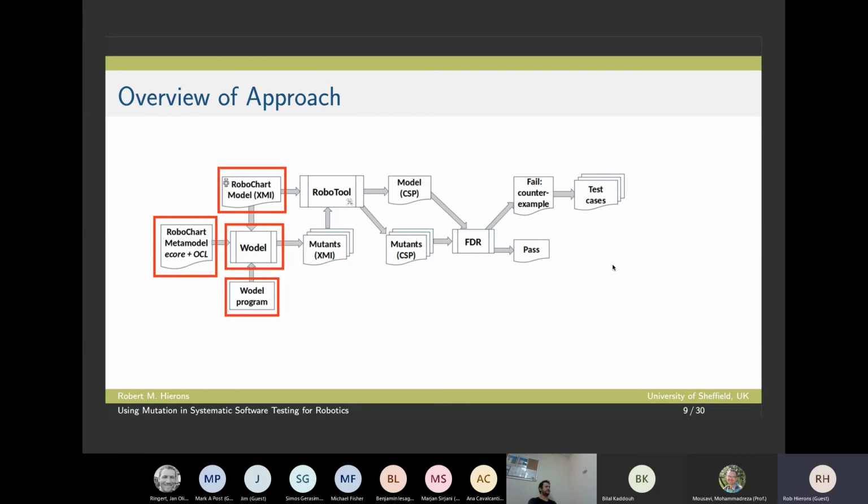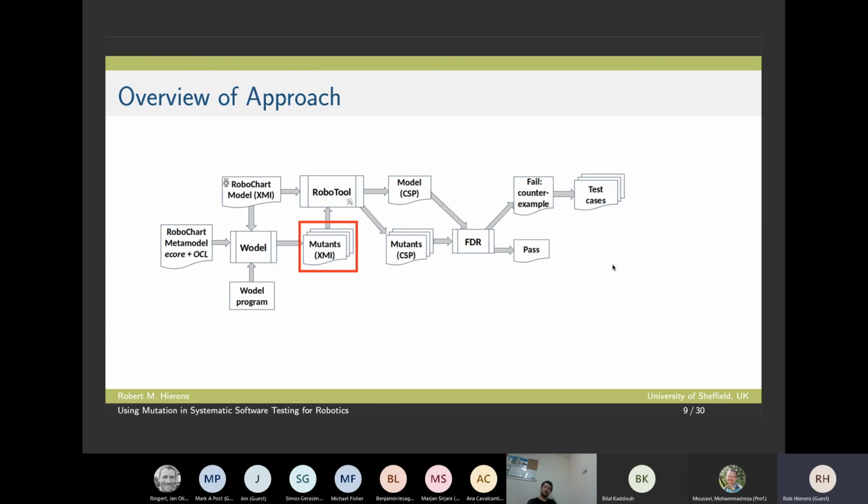The flexibility provided by Wodel is that it can apply to any language that has a meta model. The meta model describes the language, the program describes the mutation operators to be applied, and the RoboChart model is the thing to which operators are to be applied. Given these things, Wodel generates a set of mutants, which are versions of the specification with changes seeded into them.